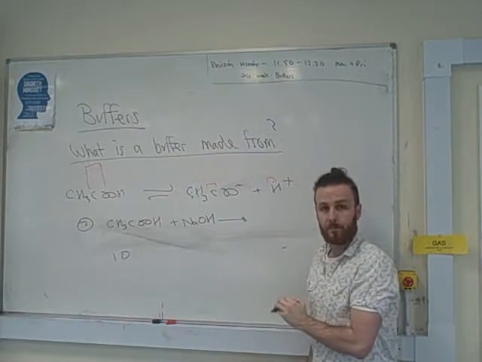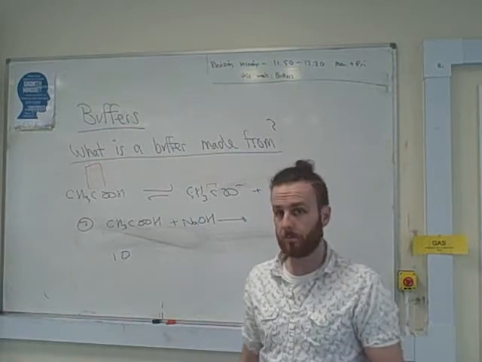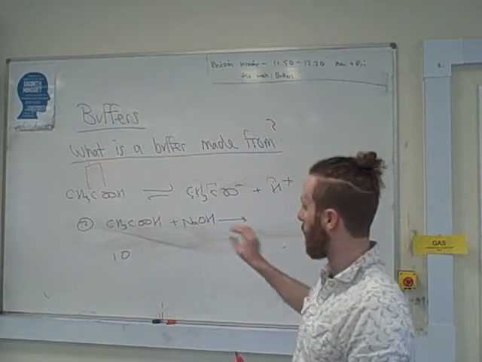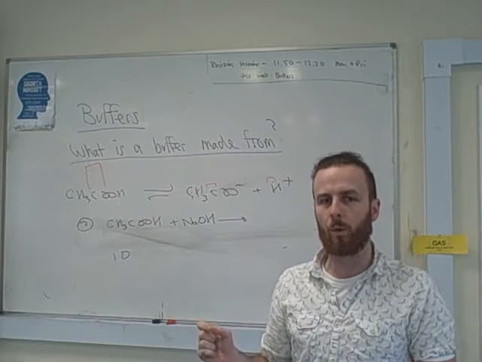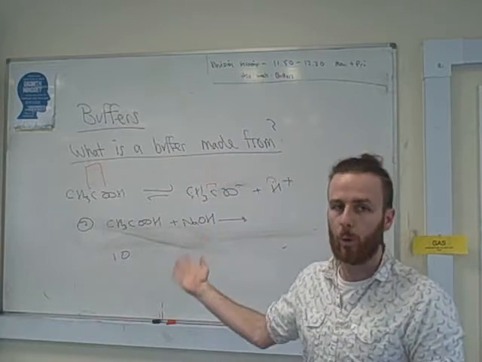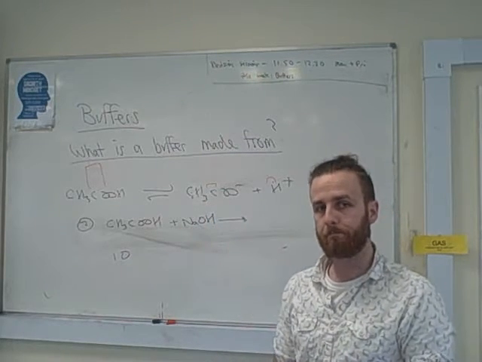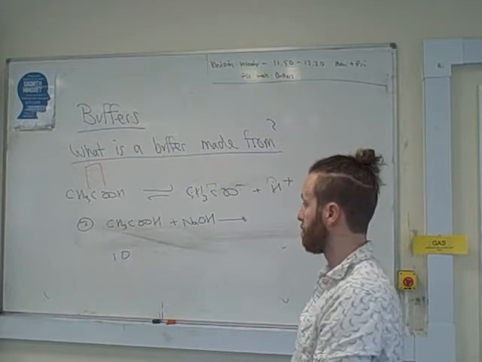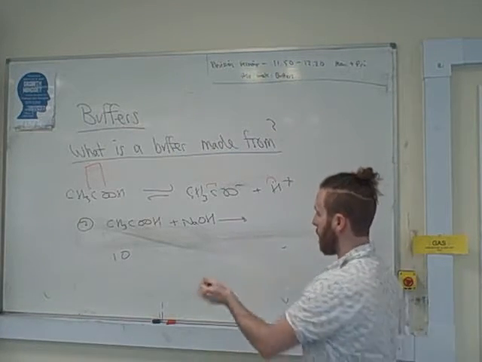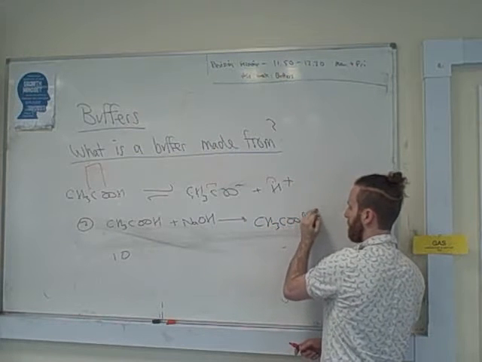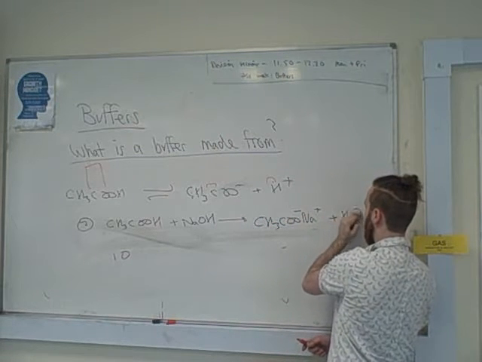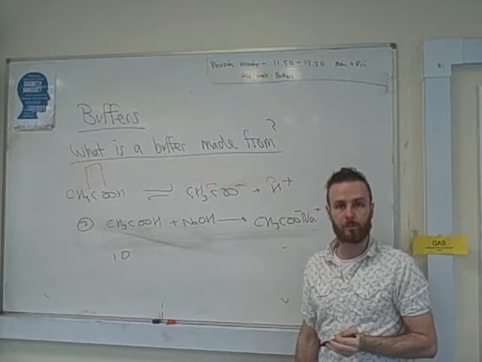They're going to react. If you could stop the video in a second, try and balance that equation, and then try and write down why it is that we're going to end up with a buffer solution. Okay, welcome back. So what we're going to get is our sodium ethanoate and our H2O.